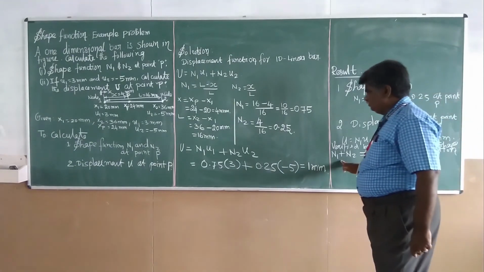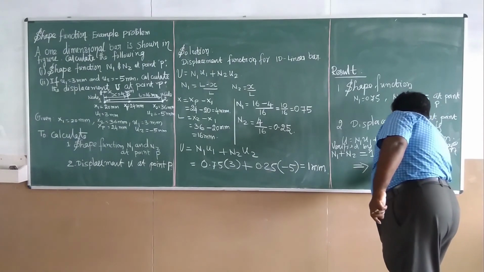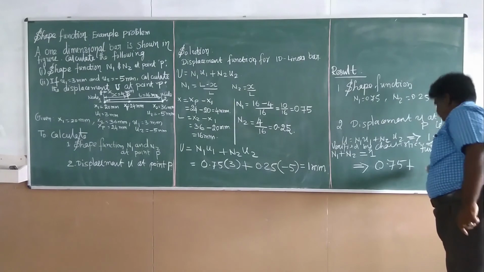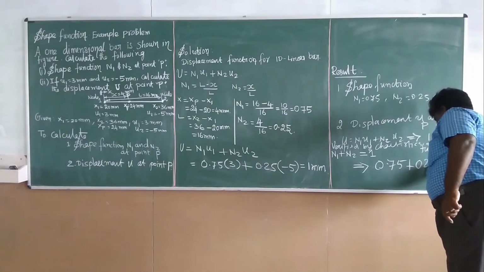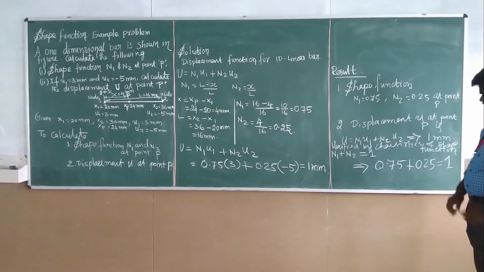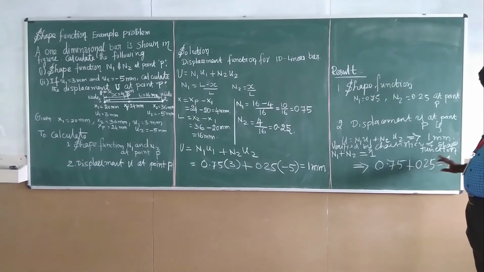What is the N1 value? N1 is 0.75 plus N2 is 0.25 equal to 1. We verified by the characteristics of the shape function.